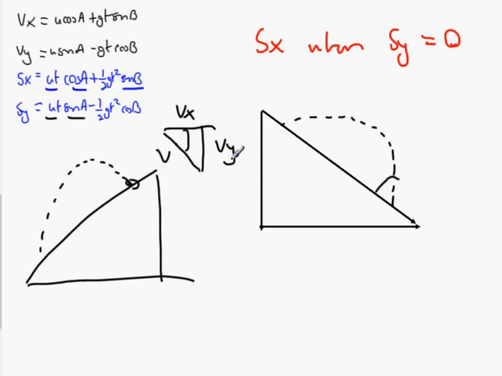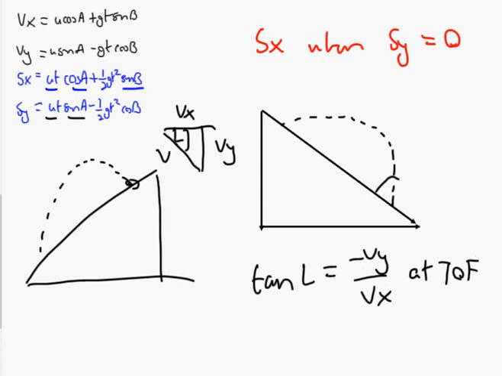We'll call it L. Okay, so tan L equals minus Vy over Vx at TOF, which means time of flight.